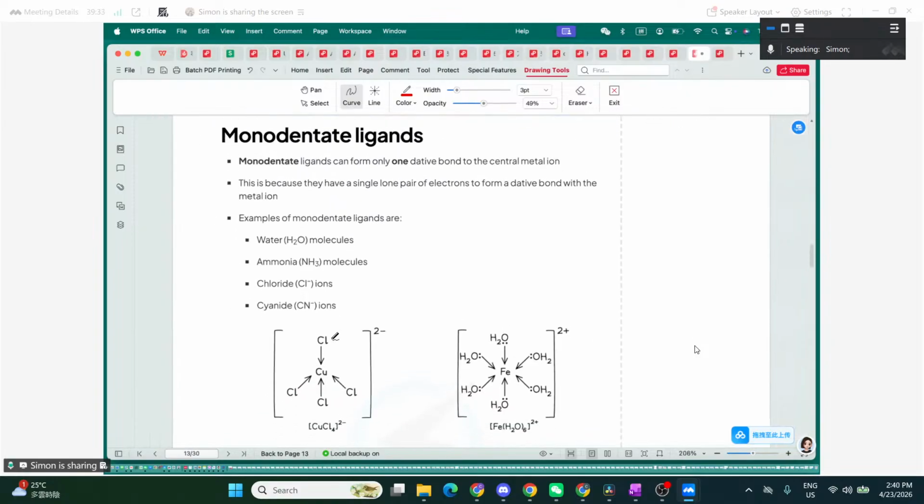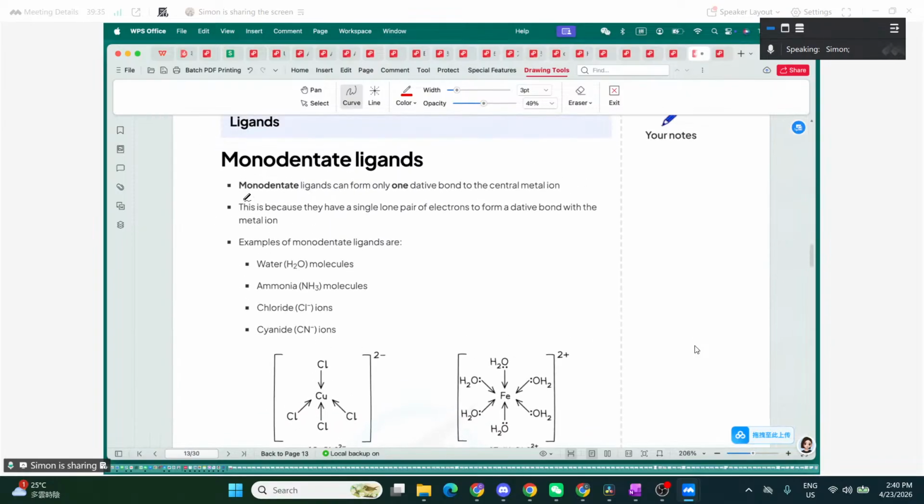What are monodentate ligands? Actually, monodentate ligands can form only one dative bond to the central metal. So we call this monodentate, because only one dative bond is forming.